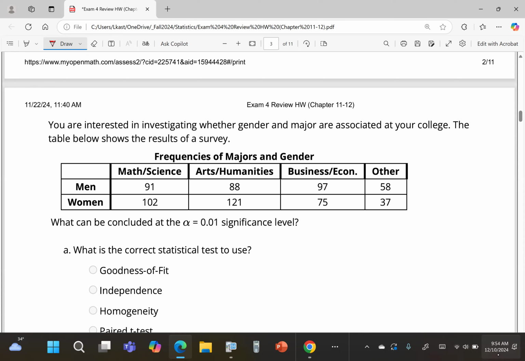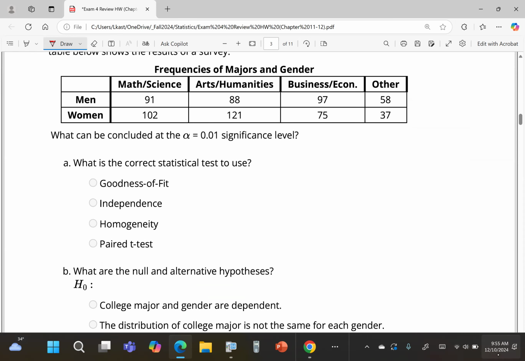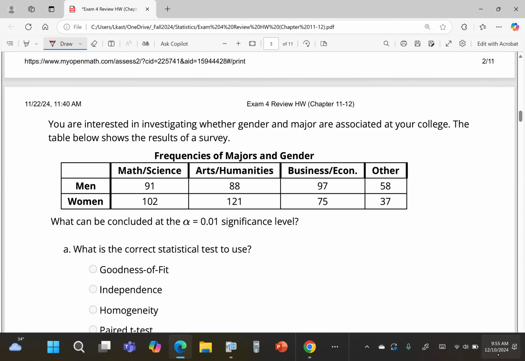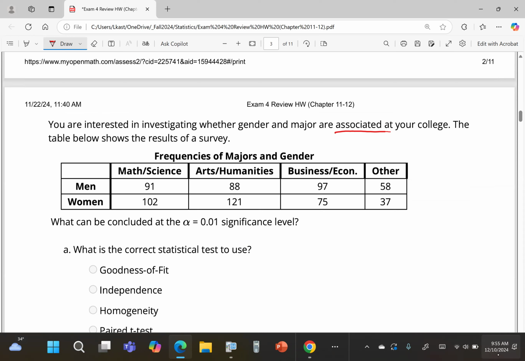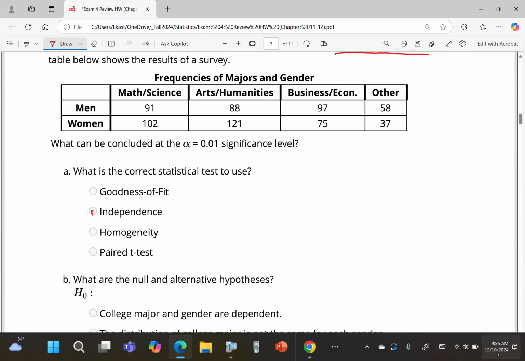So what kind of test are you going to run? You're trying to determine if they are associated. So are you trying to determine if one depends on the other? So does the major math and science depend on the gender? I don't know, we're gonna figure it out. So is this a test of independence?